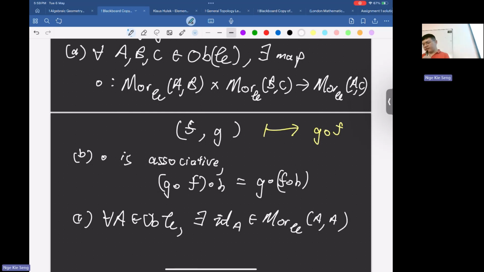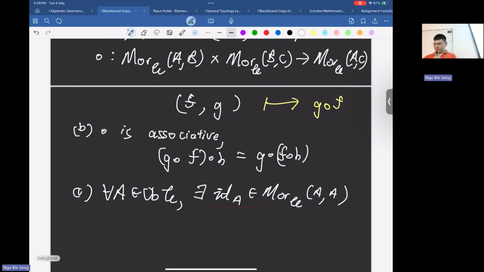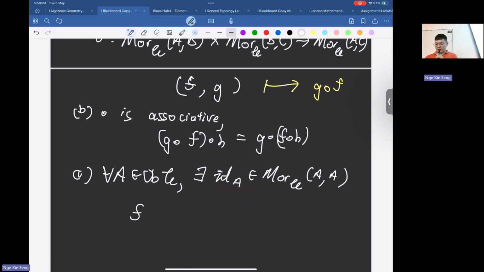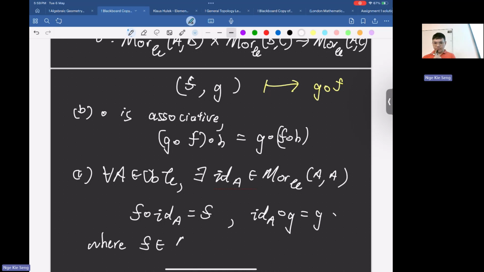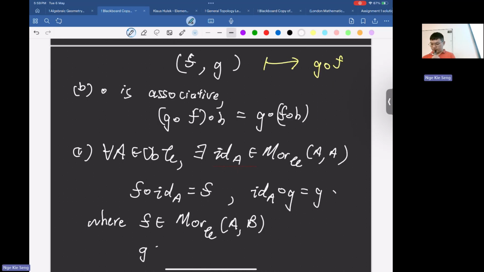What does this identity morphism do? If you compose to the right or to the left, you should get the same map as you started with, where this F is an element from maybe Morph(A,B), or G is from somewhere else back to A.